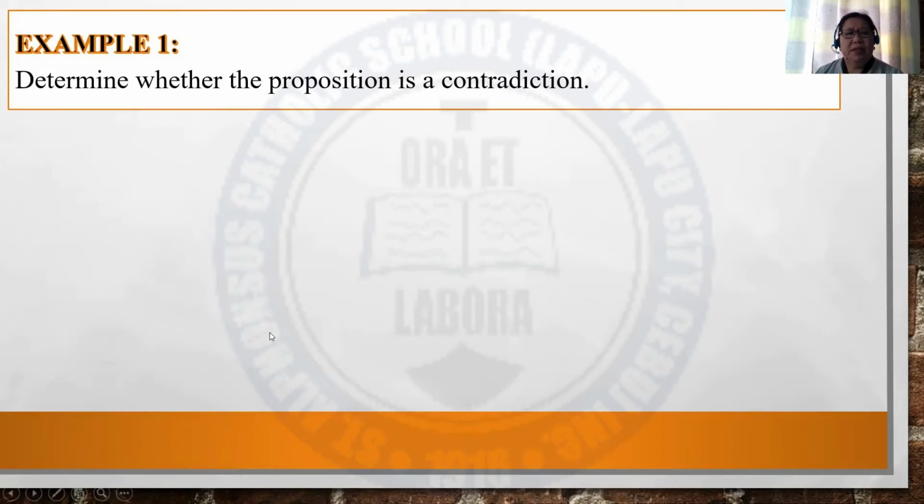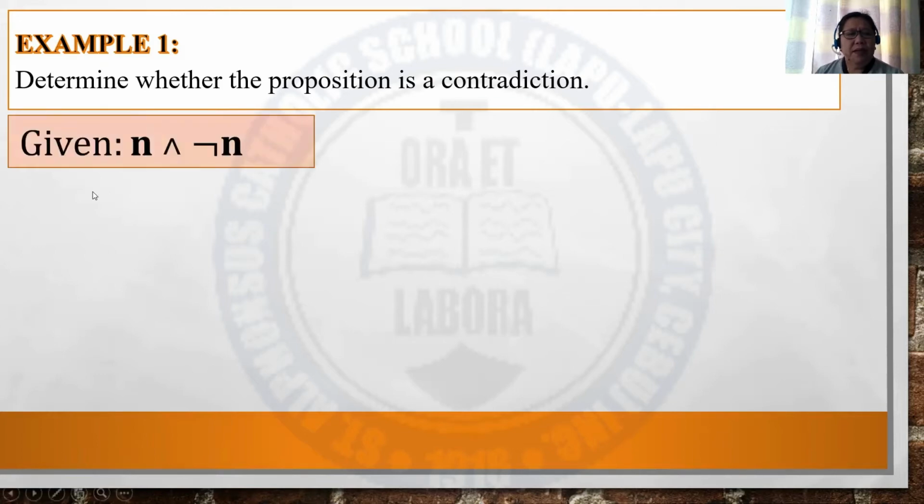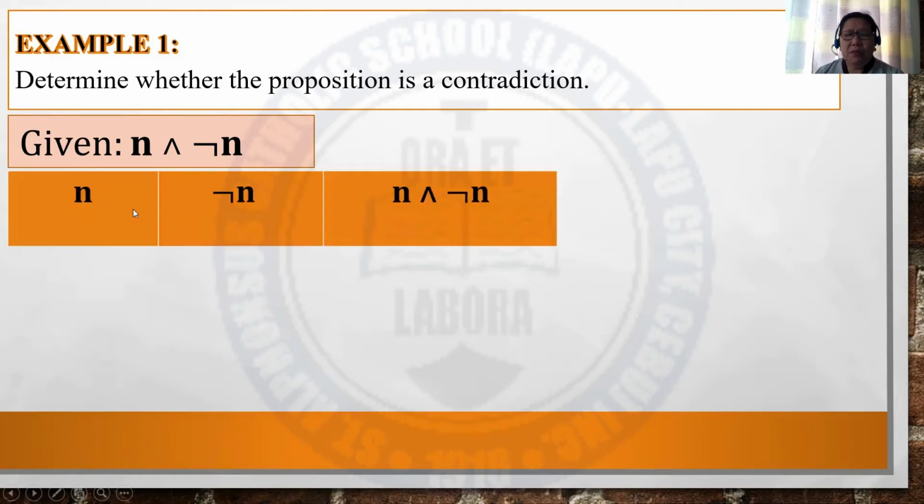For example, determine whether the proposition is a contradiction. Given n and not n. So for the truth value, we have first n here, not n, then the conjunction of n and not n. So if n is true and not n is false, automatically the result is false.